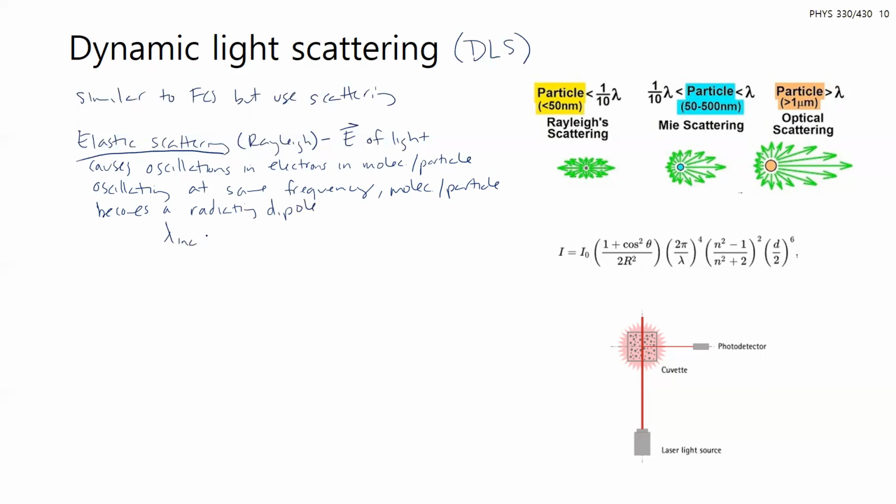So your incident light wavelength is the same as your scattering wavelength. And the energy of your electric field, or your light here, isn't enough to put your molecule in an excited electronic state. So that's how it's different from fluorescence.